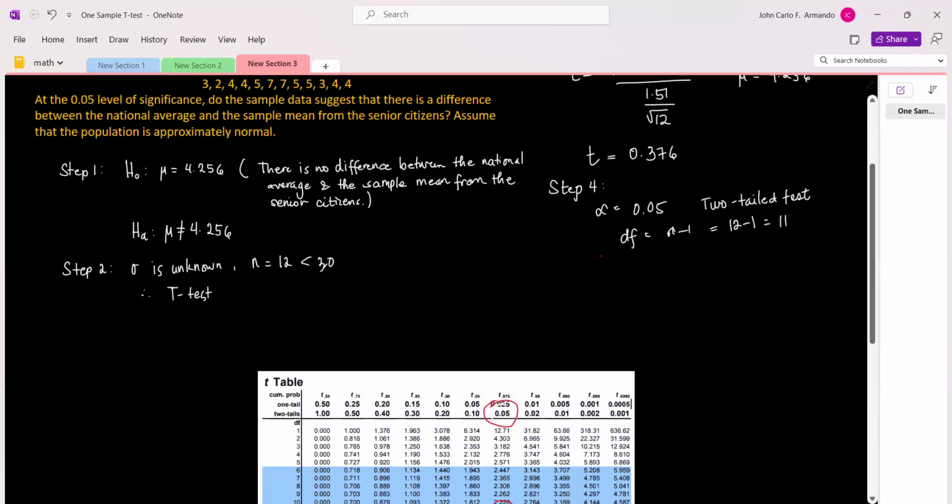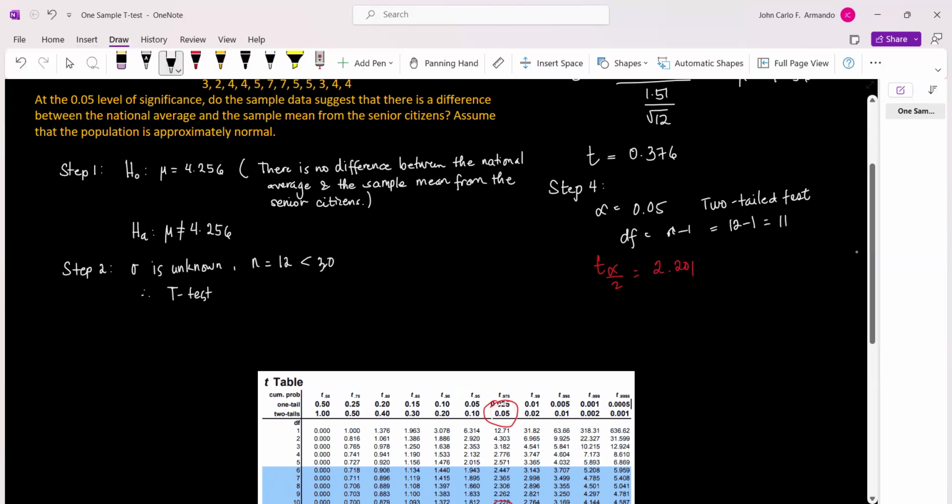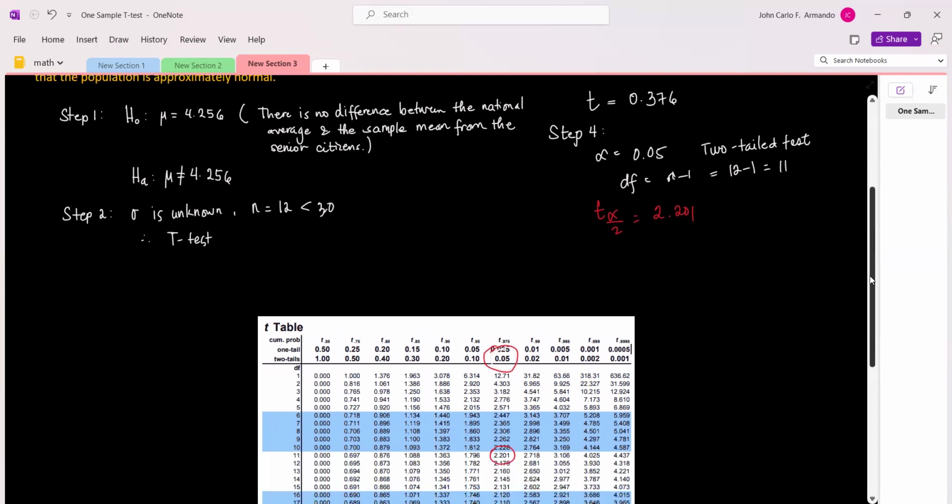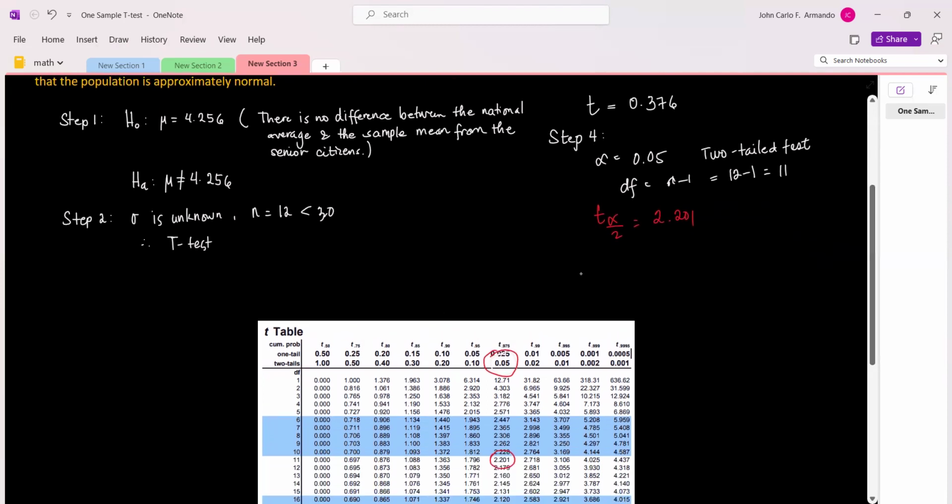So therefore, the T critical value equals 2.201. Okay, next is we are going to compare, for our step 5.